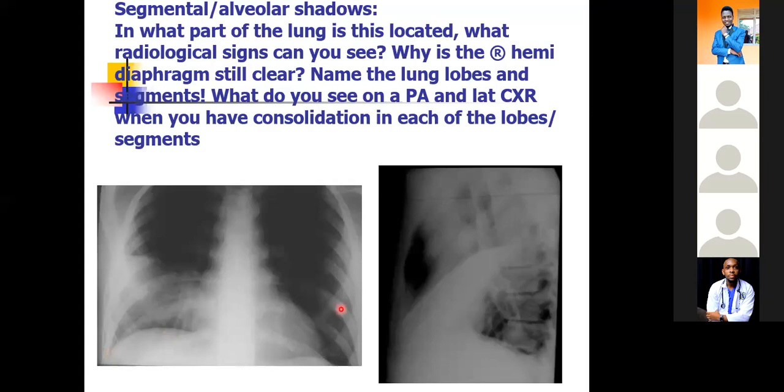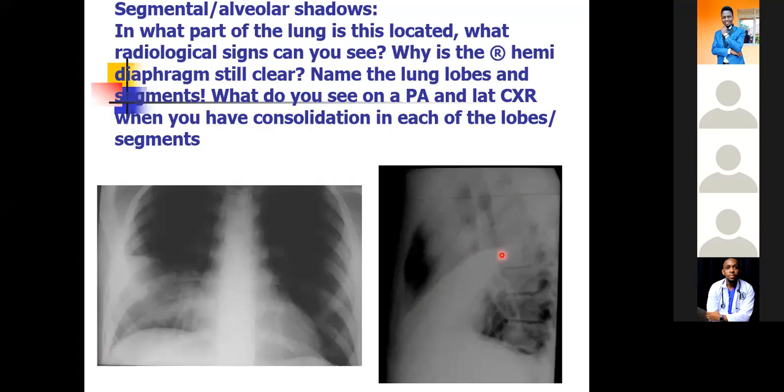We can clearly see that the outline of the right hemidiaphragm is very clearly outlined, and there's a reason for that. When we look at it on the lateral radiograph, you can now appreciate that what we have is a triangular opacity, which is limited above by our minor or the horizontal fissure, and limited on the lower aspect by the major fissure.